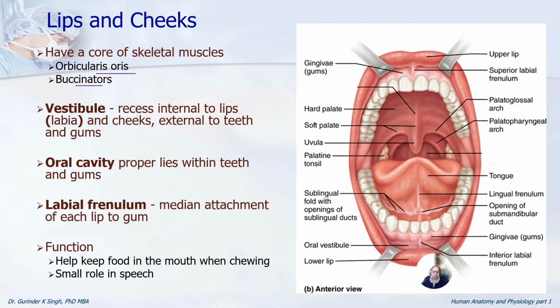The vestibule we already talked about, and we also talked about the oral cavity and the labial frenulums. The major function of the cheeks and lips is to keep the food inside the mouth when we are chewing, and they also play a role in speech. For example, the lips and cheeks help you to whistle and also to speak.